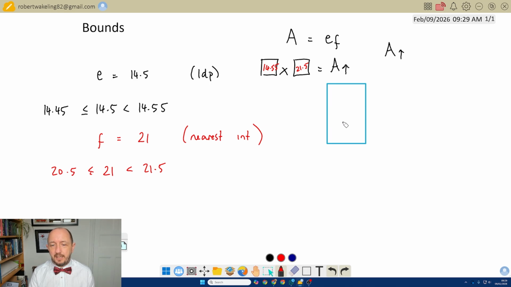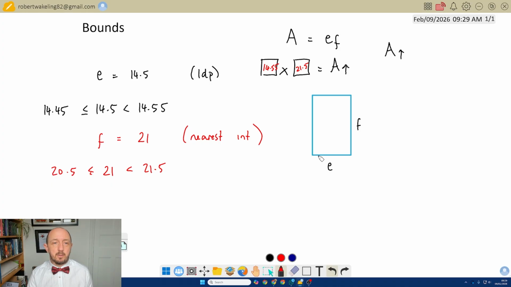In terms of a picture like this, then you might be thinking of terms of E and F like this. And so E at its lower bound might be sort of this length, and its upper bound this length. So E can be anything between here and here, if that makes sense.